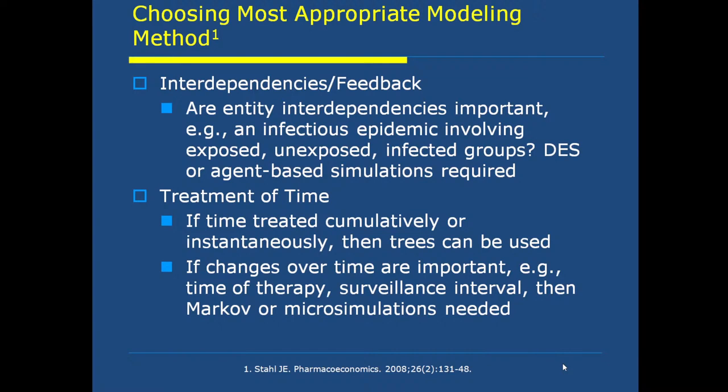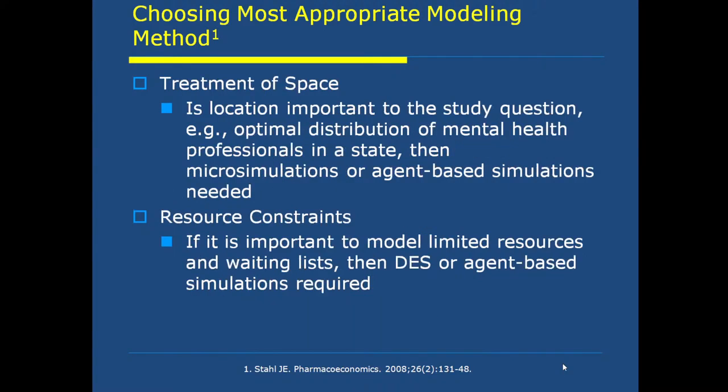If changes over time are important, such as time of therapy or surveillance interval, then Markov or microsimulations are needed. Treatment of space. Is location important to the study question? For example, optimal distribution of mental health professionals in a state: then microsimulations or agent-based simulations are needed.